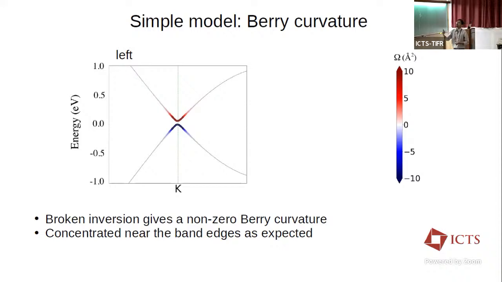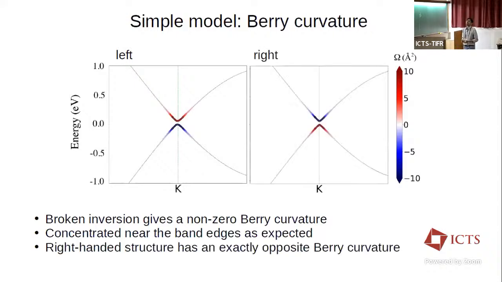Because we have broken inversion, there is a non-zero Berry curvature. It will be opposite at the K prime point, where the signs would be interchanged. And as you would expect, these are concentrated near the band edges because that's where the denominator in the Berry curvature expression vanishes. So this is for the left helical or left enantiomorph.